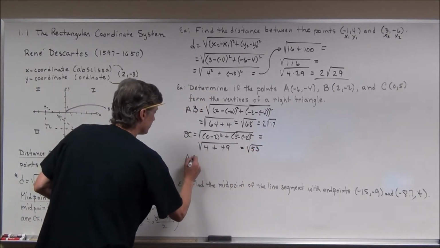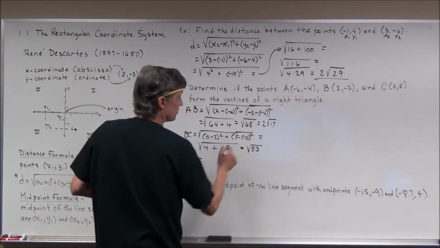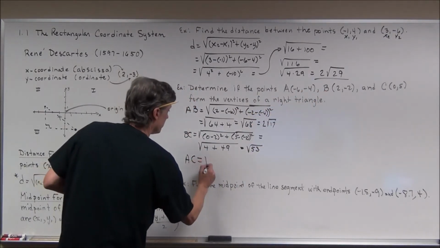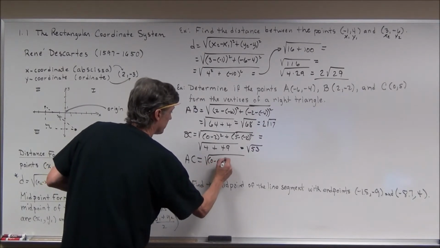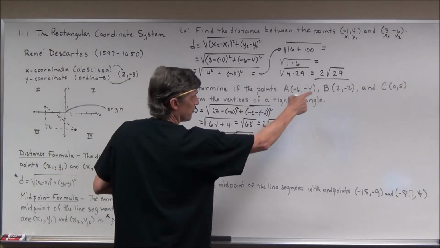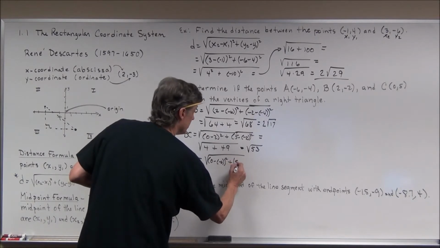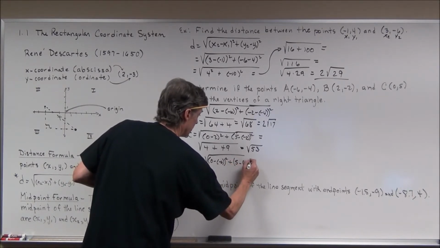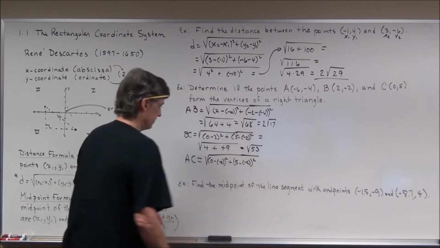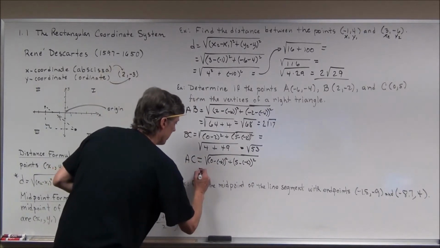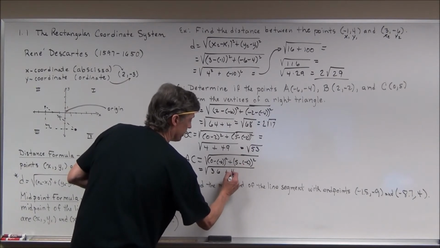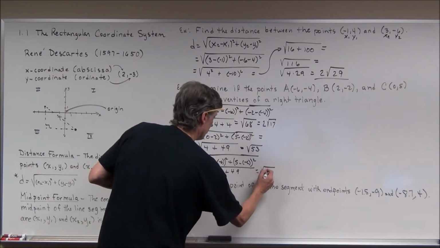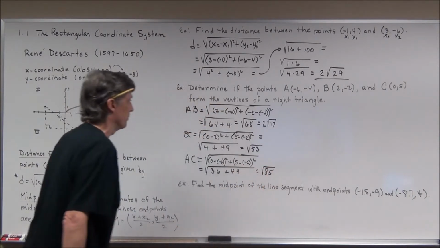And AC, using those 2 points, would be the square root of 0 minus a negative 6 quantity squared plus 5 minus a negative 2 quantity squared. And that's going to be 6. So I'm going to have the square root of 36 plus 49. Looks like the square root of 85 if I didn't mess up.